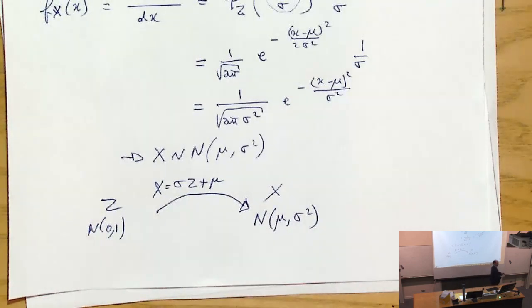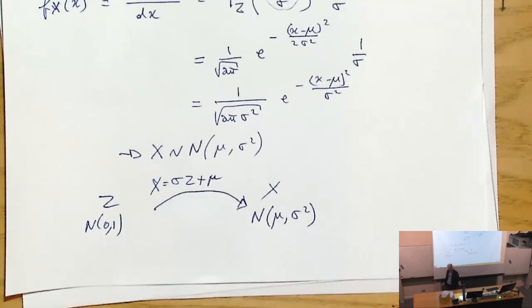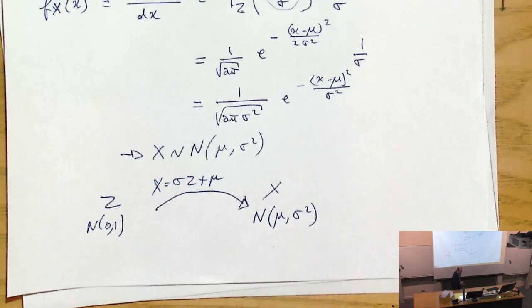Essentially what we did is a change of random variable, right? We changed the variable from Z to x. Z was standard normal, 0, 1, right? And by doing this simple linear transformation, we get a new random variable that is still normally distributed, but has a different mean and a different variance. The mean now becomes mu, and the variance becomes sigma squared.